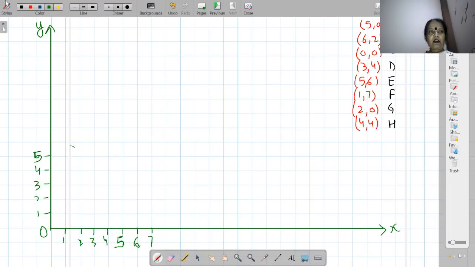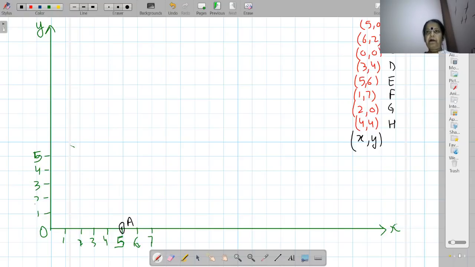So let's see how we can plot this. Remember, the first value is of X and the second value is of Y. So 5 and 0 will come over here. I have named it as A.